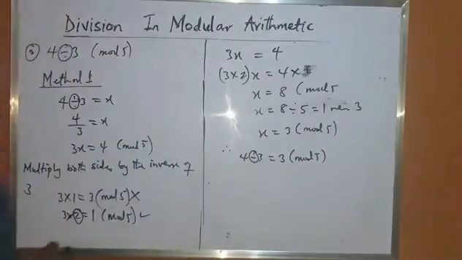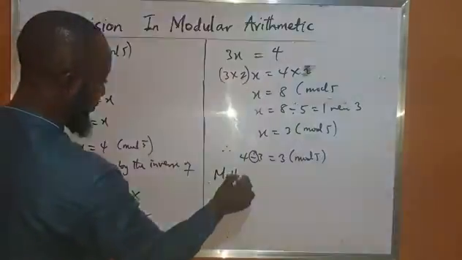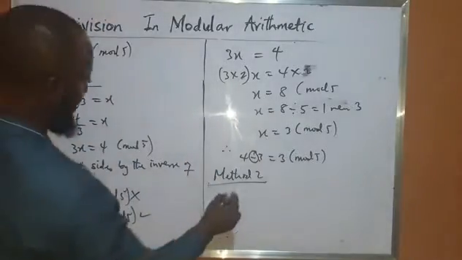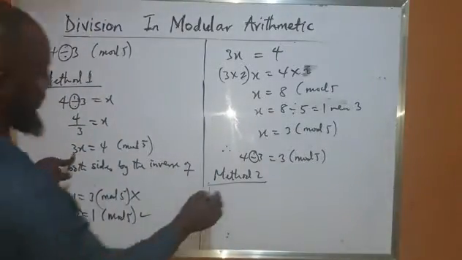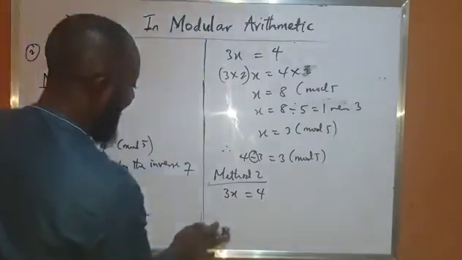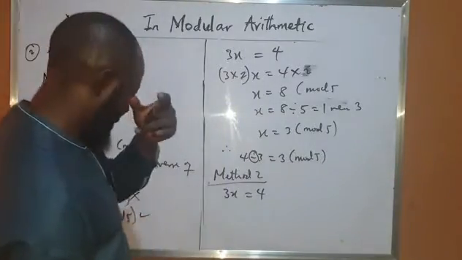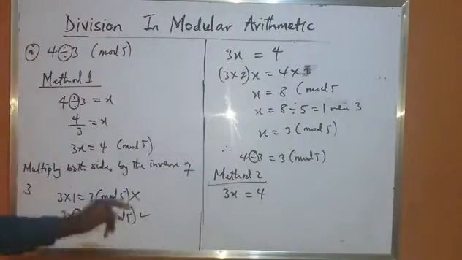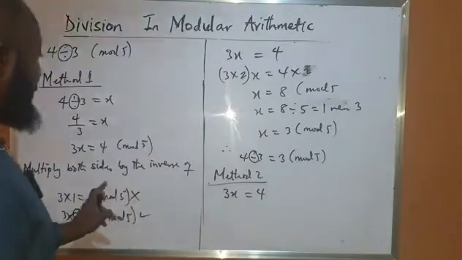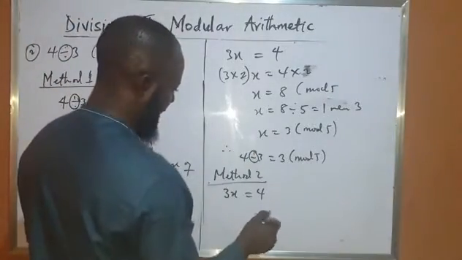So let's see the second method, if we can apply that. Method 2. So starting from here, 3x equals 4. So we add to both sides a number that will make x an integer. So what are the numbers we're going to use? Multiples of 5 that we can use will be what? So let's say multiples of 5. That will be plus 5.